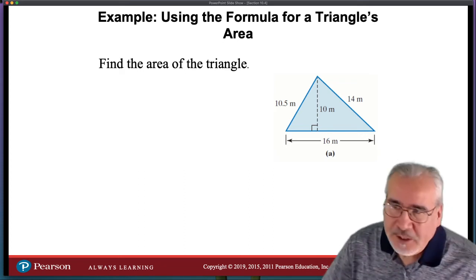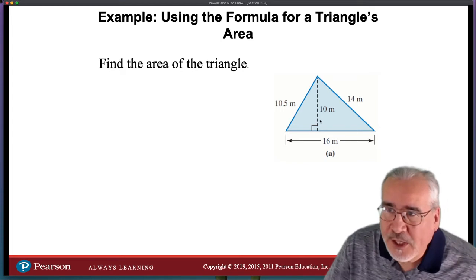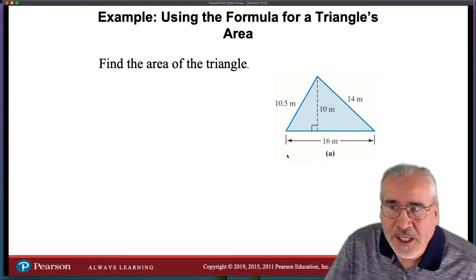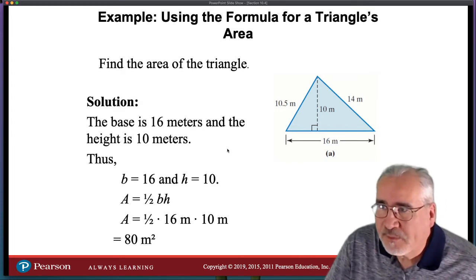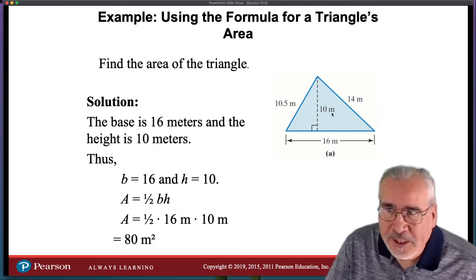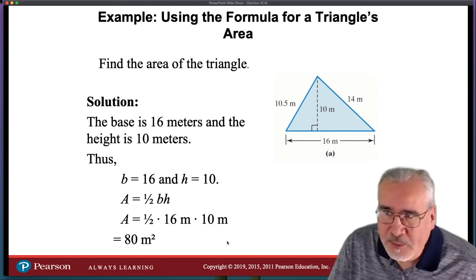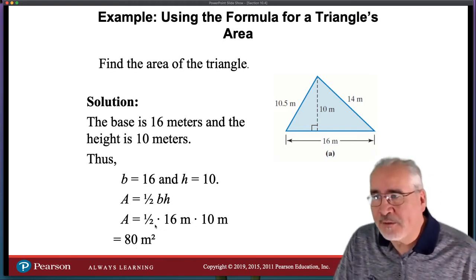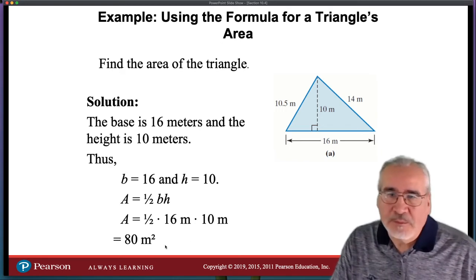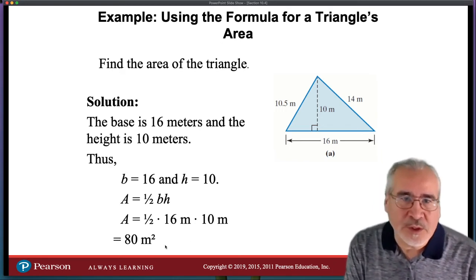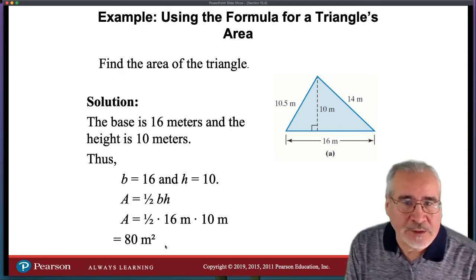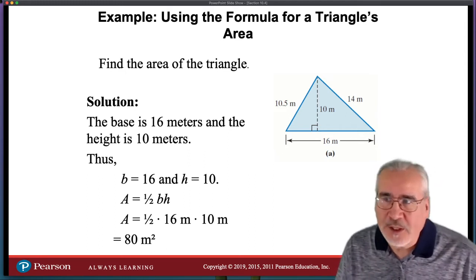And so we're going to take 16 times 10 and then divide that in half. And again, yes, you could have divided the height in half and had 5 times 16. You'll still get 80. Or you could multiply 16 times 10 and then divide it by 2. But there's going to be problems where the area of these triangles is just 1/2 the base times the height.